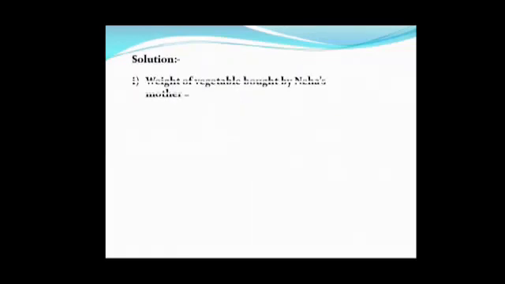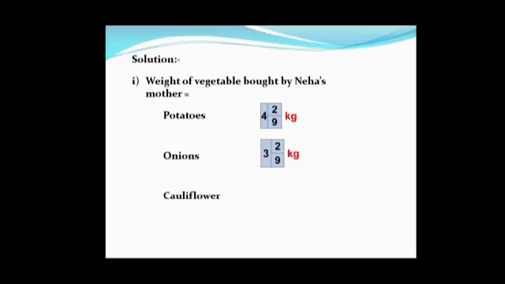So we know the weight of vegetables bought by Neha's mother: potatoes 4 and 2 by 9 kilogram, onions 3 and 2 by 9 kilogram, and cauliflower 5 and 1 by 6 kilogram.